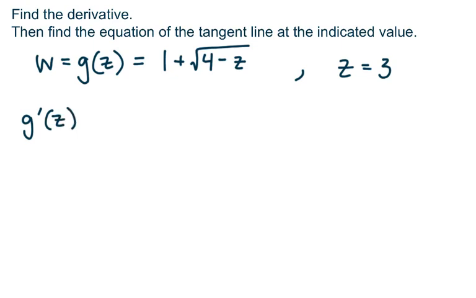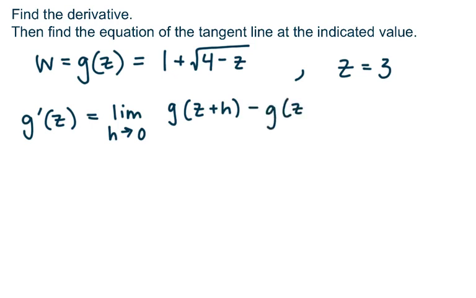They mean the same thing. G prime of z equals, my formal definition is going to be the limit as h approaches 0 of g of z plus h minus g of z all divided by h. So instead of f, I'm using g for my function, and instead of my normal x, my independent variable is z.